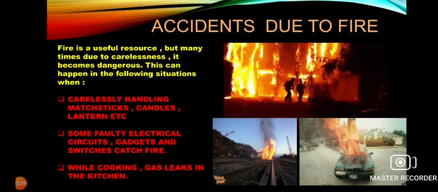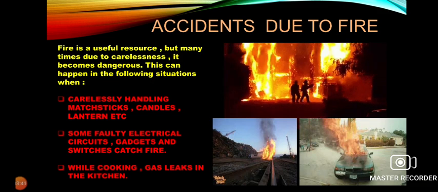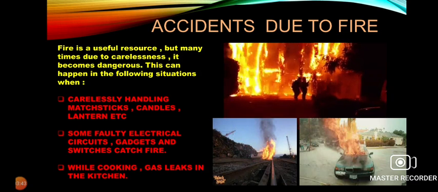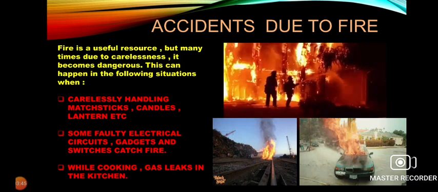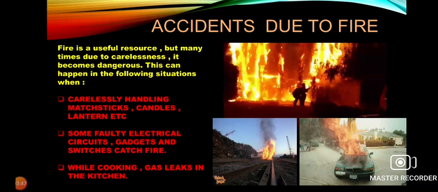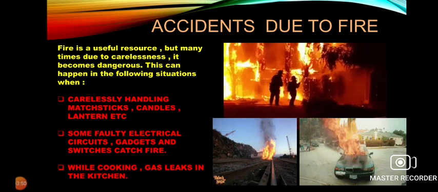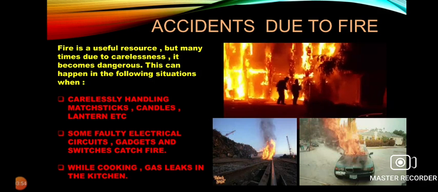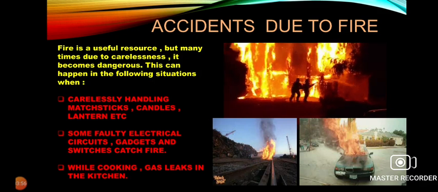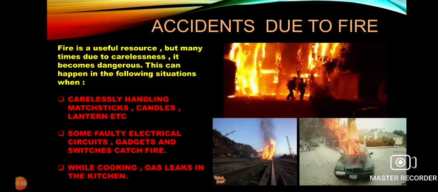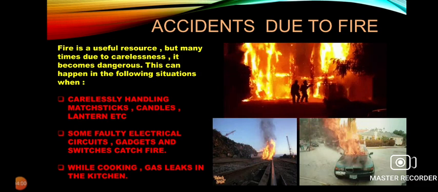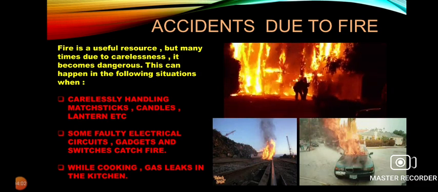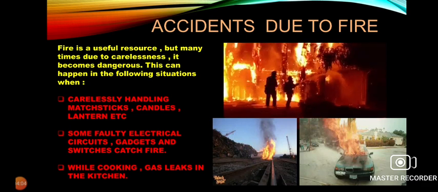Or sometimes it so happens that while cooking, the gas leaks. Our basic concern is to cook in a healthy as well as safe environment. Ideally speaking, after cooking, the cooking gas has to be switched off properly.